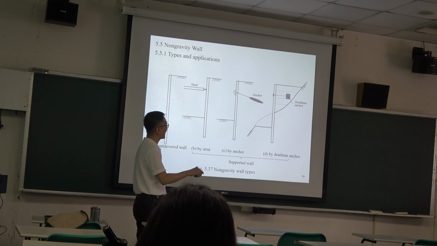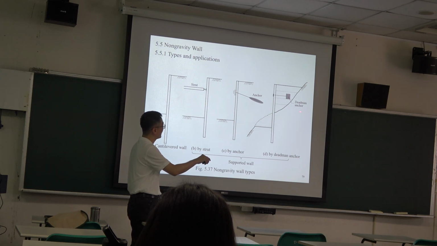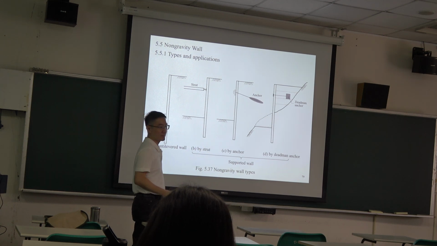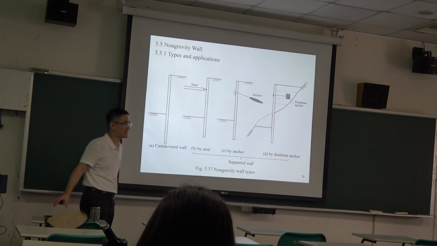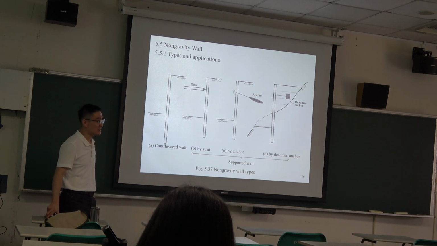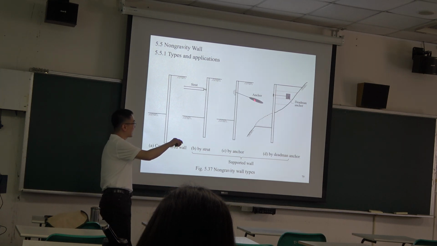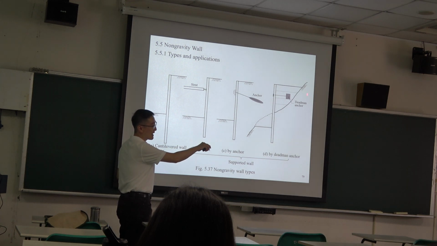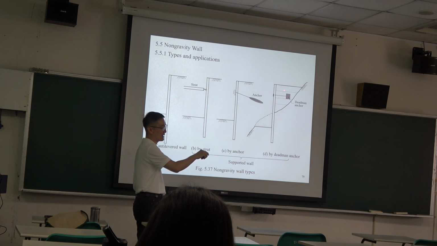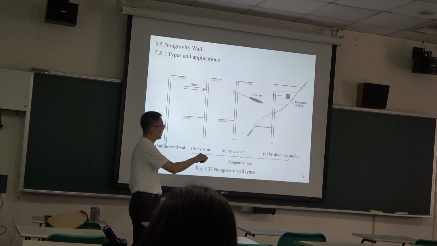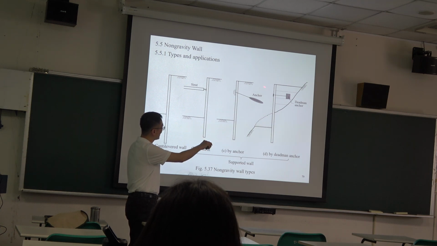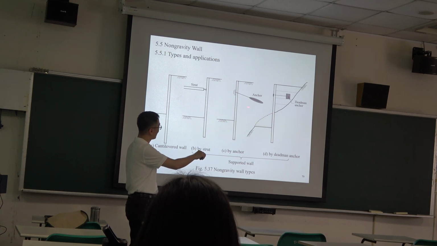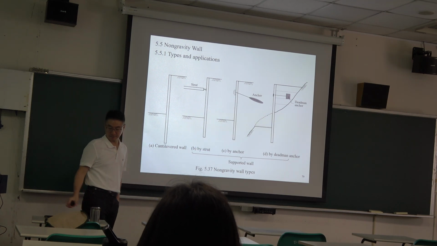Because in Taiwan, generally the slope scale is actually the loading is very large. So the slope scale using this kind of anchor is not enough. So reasonably, we will choose this type of anchor.